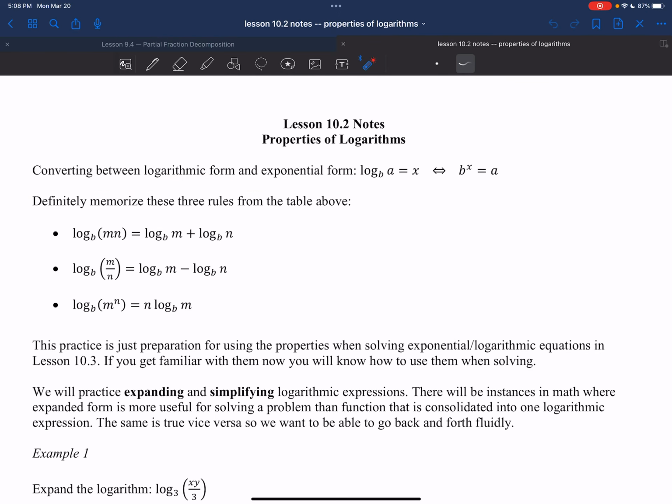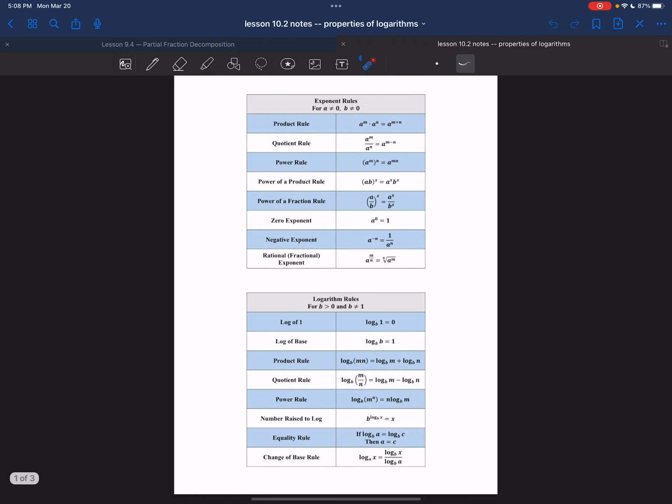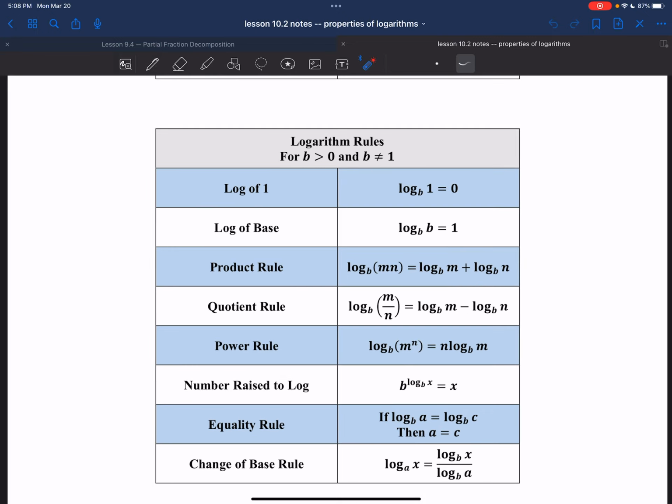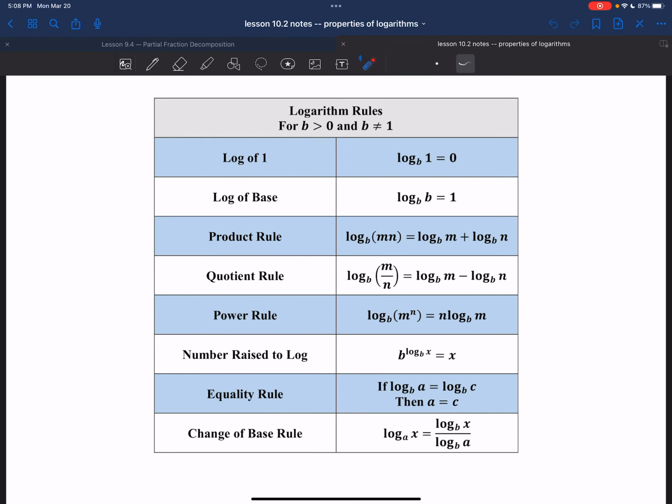A lot of these rules follow from exponential properties and then just using that with this log rule of how we've defined it. So if you look at this rule, this says that b to the 0 equals 1. Duh, right? That's self-evident. If this one, you say b to the 1 equals b.